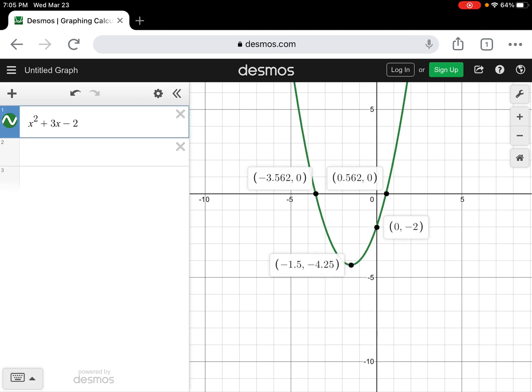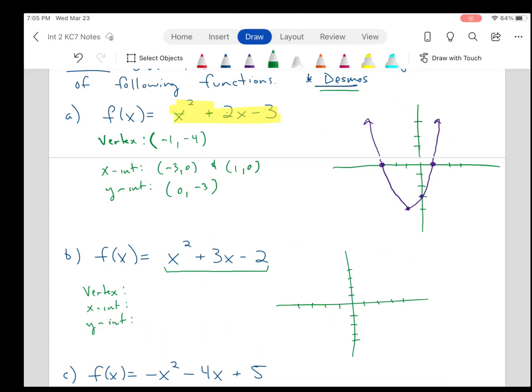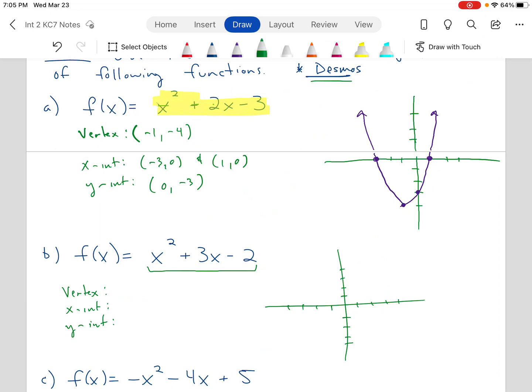Now notice that these are decimals, and that is okay. I'm only going to round to 1 decimal point. Okay, again, this graph does not have to be perfect. Okay, so my vertex was negative 1.5 and negative 4.3. If I round to 1 decimal point, my x-intercepts were negative 3.6 and 0.6, and my y-intercept is at 0, negative 2.